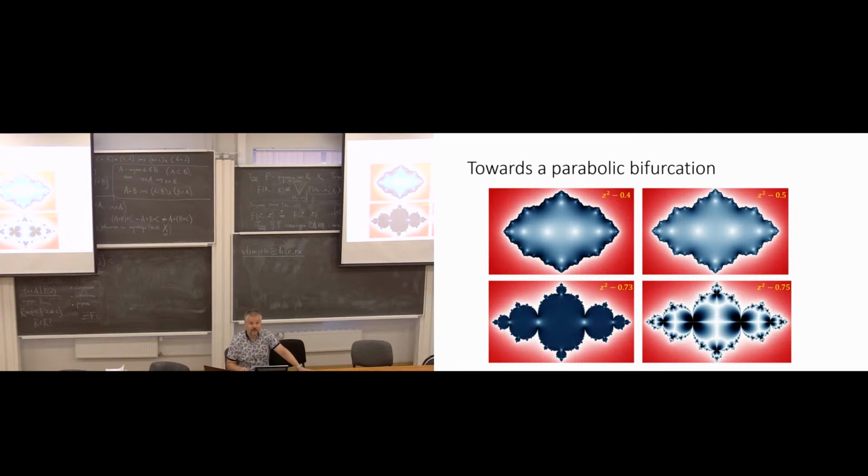And on the boundary is still a topological circle. And the topological dynamics on this boundary is still conjugate to the angle doubling map. That means that you can introduce a parameter on this circle so that this parameter gets doubled every time you apply the map. Okay?